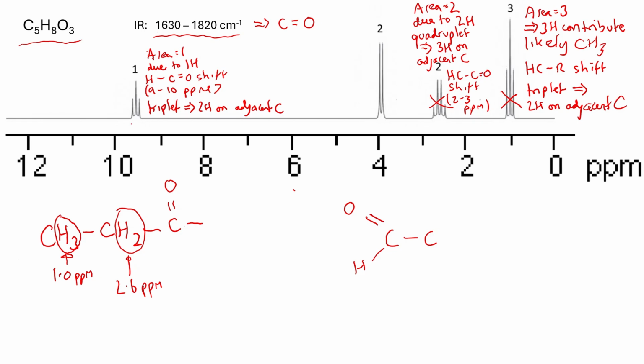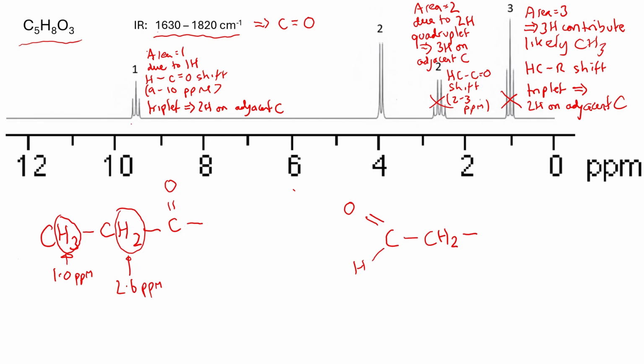So we can say, okay, we've got to have that, because this peak can only be a triplet if you have a CH2 there. So just from looking at that peak at 9.6 ppm, we can deduce that we've got this element of structure present.